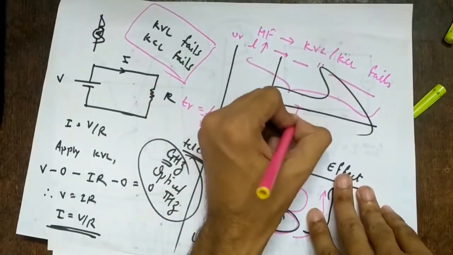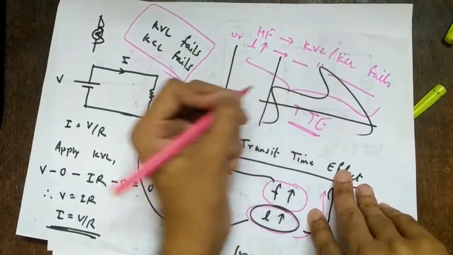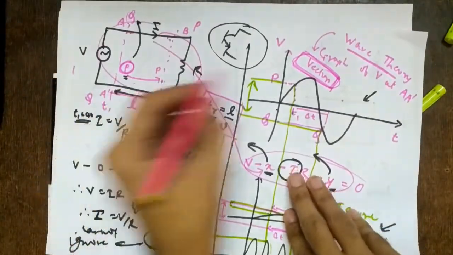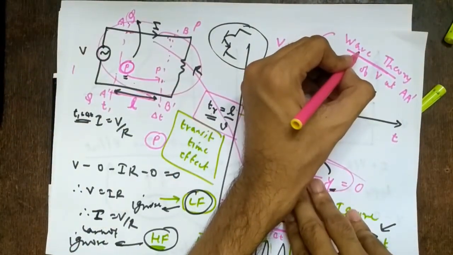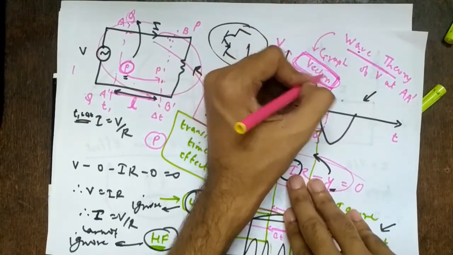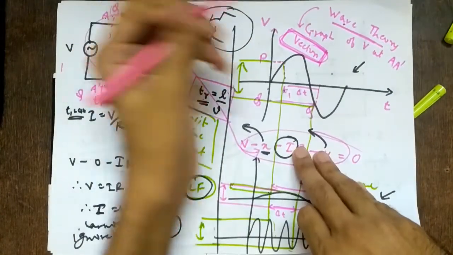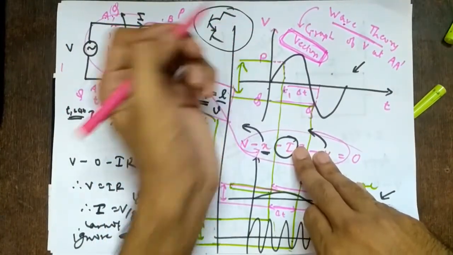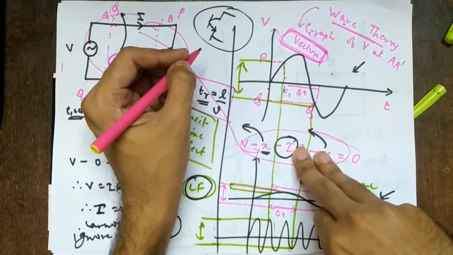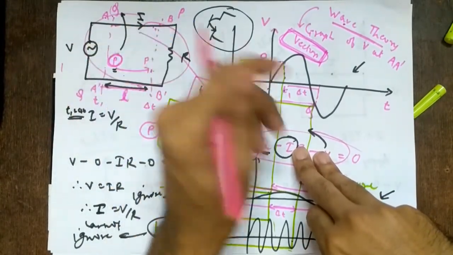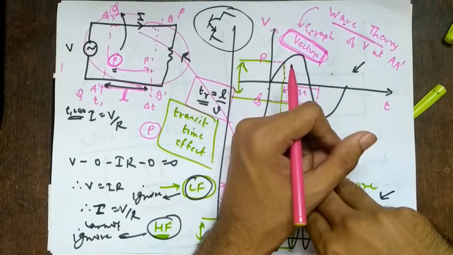Why? Because of transit time effect, okay. So we are not able to analyze this, so we have to go to wave theory. But wave theory is tedious because it involves vectors, divergence, curl, del dot A vector, del dot D vector, etc, etc. So we need to have some other method, okay.